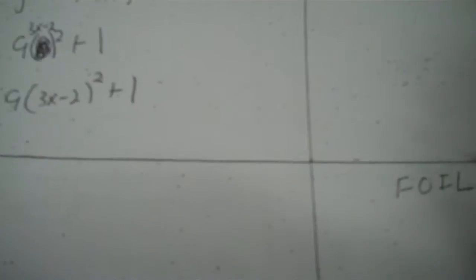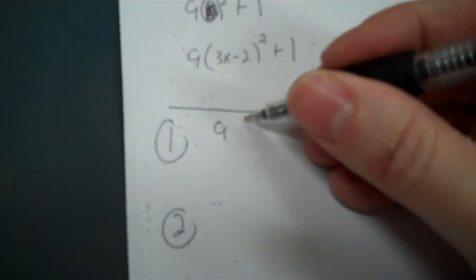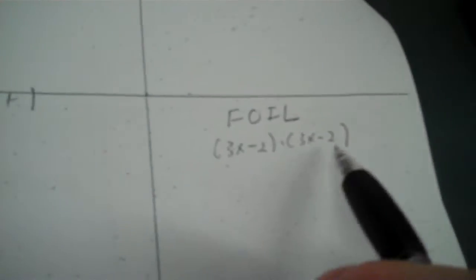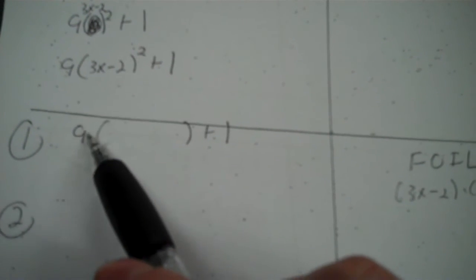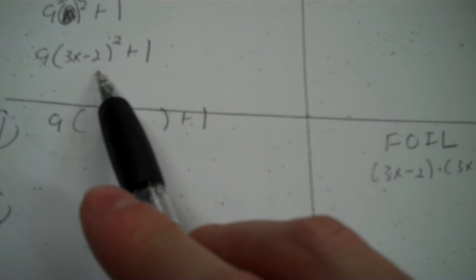So I need to write 3x minus 2 times 3x minus 2. Before I do that, you've got to remember you're going to drop your 9, and then make a parentheses without the second power, plus 1. What I put into this parentheses is what I get out of this FOIL here. To figure out what goes in there, we have to take 3x minus 2 times 3x minus 2.